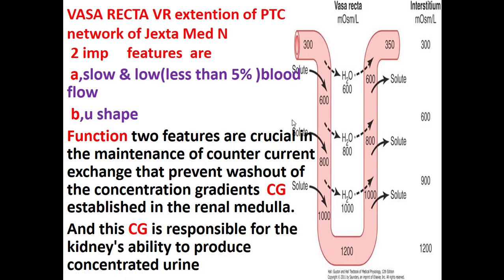First, how it is formed or created. Second, how it is maintained. The first step we have done already: it is created due to the accumulation of sodium and urea in the interstitium of the medulla. Then we are going to look at how it is maintained once it is formed.